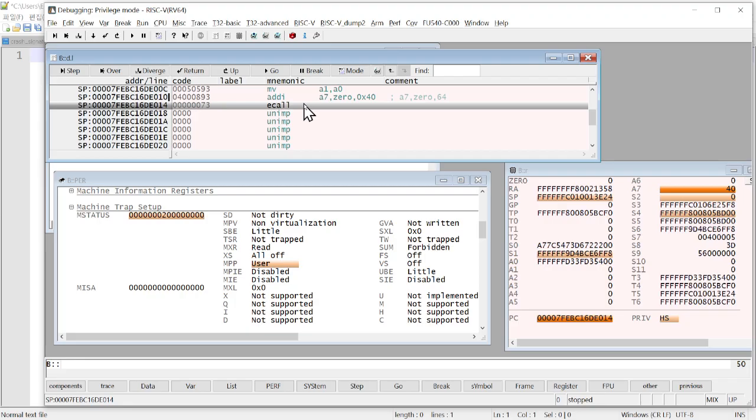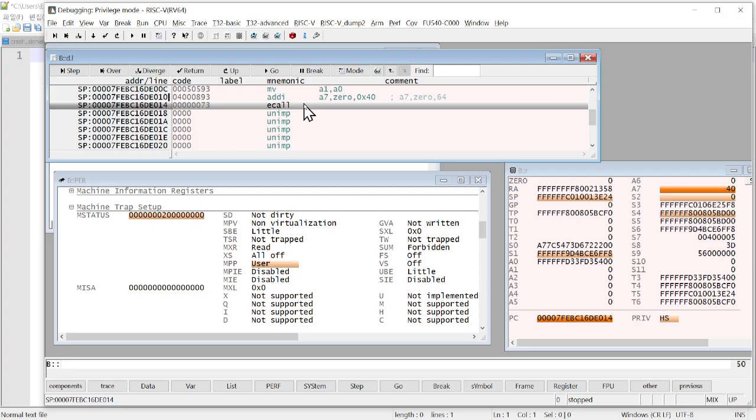When the trap happens, the RISC-V core does two things at the same time. First, it will jump onto the trap vector base address. Second, the privilege mode can be switched.